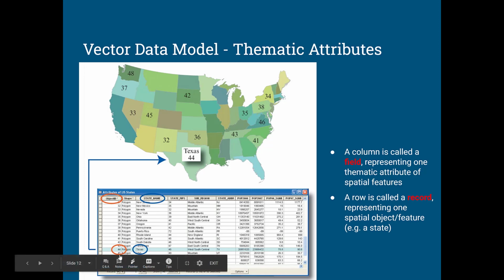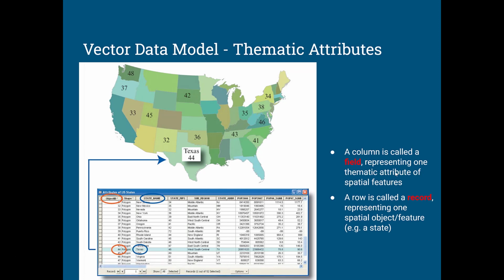In this table, each column, we call a field in GIS, representing one thematic attribute of the spatial features. For example, you can represent the state name, the FIPS code, or population in 2000.